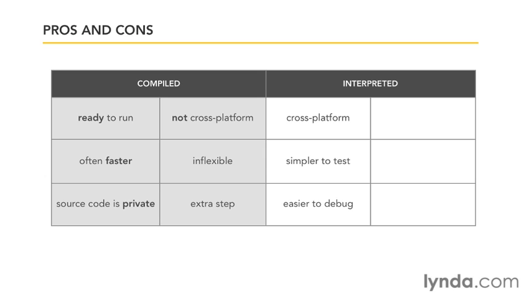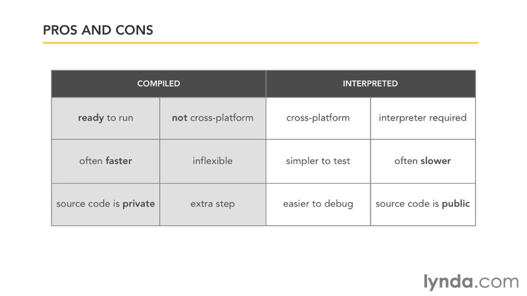And it can be easier to debug when things go wrong because you always have access to all the source code. However, it has its downsides too, because everyone who needs to run that program on their machine has to have an interpreter for that language on their machine. It also can be slower because you have to interpret it every time the program is run. And the source code is effectively public because you're sending it to everyone who needs to run that program.